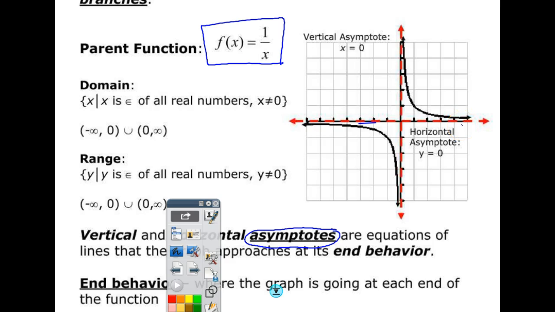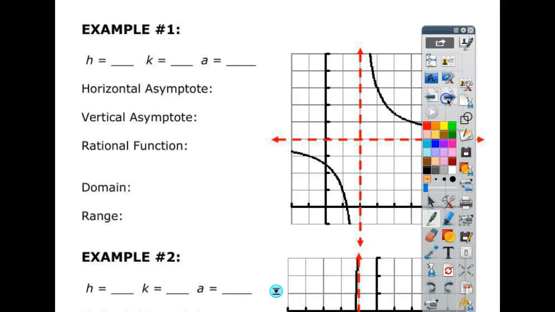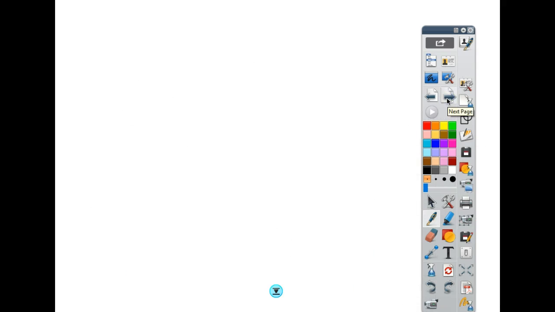And what's even weirder about an asymptote is, let me show you on a blank piece of paper over here.